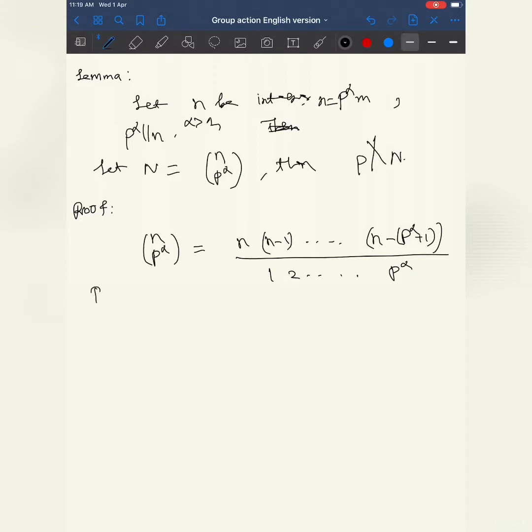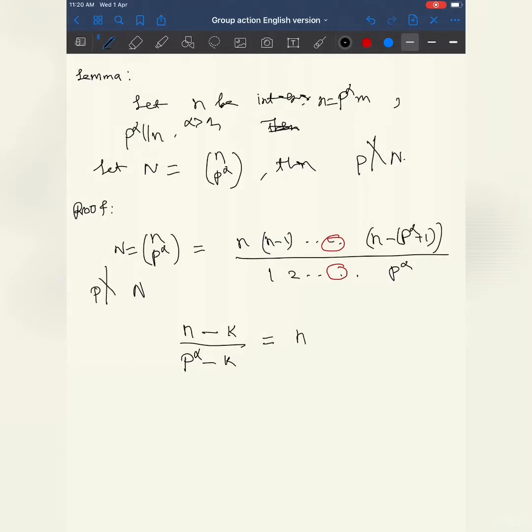So I wanted to prove p does not divide this. This is a claim. The idea is here. Let's look at one factor. Okay, one factor in the numerator looks like n minus k, and the factor in the denominator will look like p power alpha minus k. That many things are happening here.